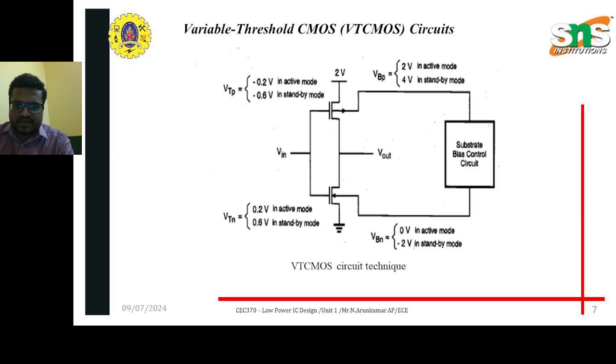Initially the standard level of the voltage is 0.2 in active mode, and the standby mode is 0.8 because it almost carries one voltage. It can have a standby voltage forwarding to the next level while the PMOS is in off condition. Like that, all the values are calculated with the help of this PMOS and NMOS. So if one is in on condition, then automatically the other is in off condition, while if the NMOS is on, then automatically the PMOS is in off condition.